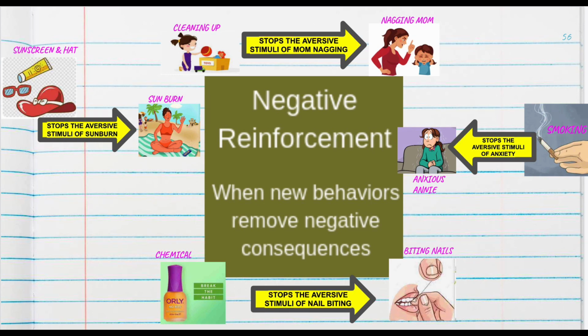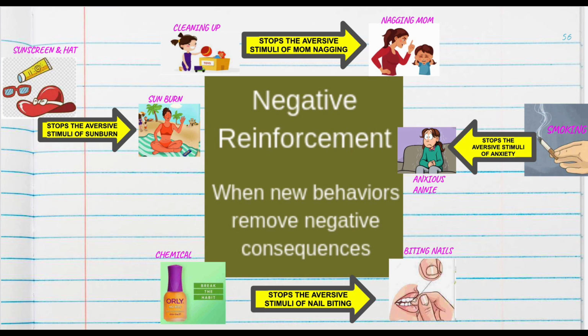Or another example would be you would stop the aversive stimuli of nail biting by using a chemical on your nails. And finally, you would stop anxiety, the aversive stimuli of anxiousness, by perhaps smoking a cigarette or having a glass of wine, which I'm not telling you to do by any means.